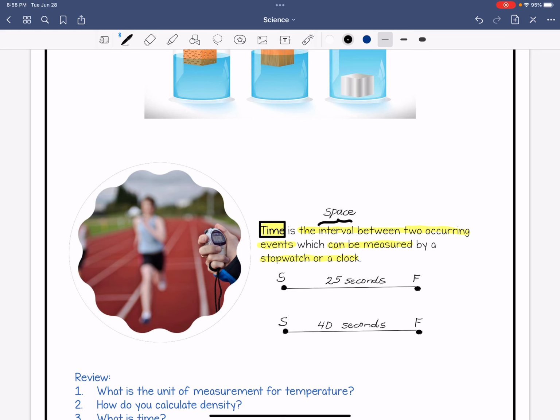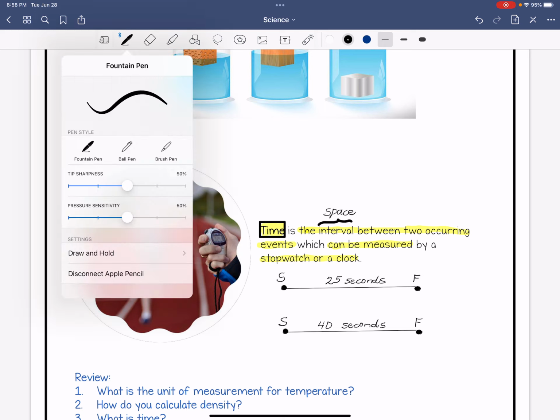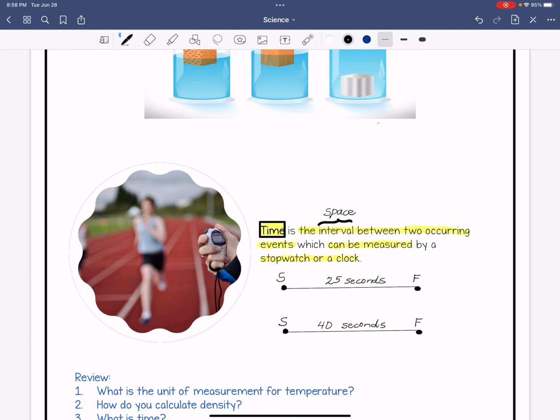Is it the person who ran in 25 seconds, that interval, and this is called the interval, or is it the person who ran it in 40 seconds? So this space between those 2 points is called the interval.